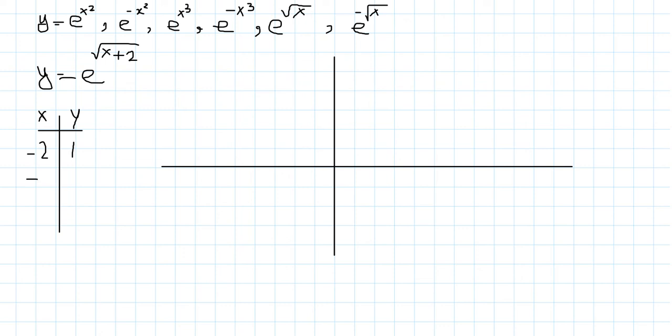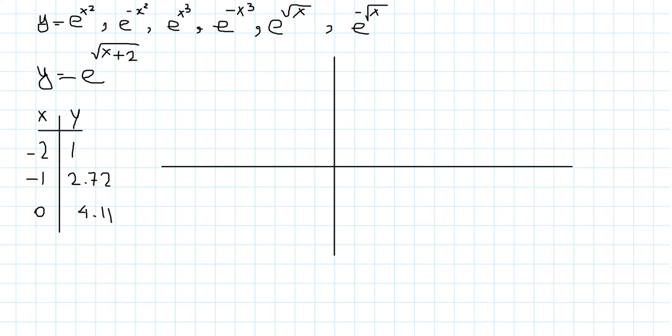If x is minus 1, y should be 2.72. It means e. And if x is 0, it is 4.11. Yes, we can draw it by these points.